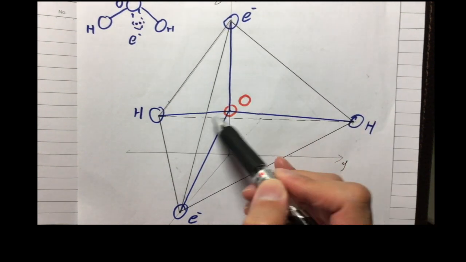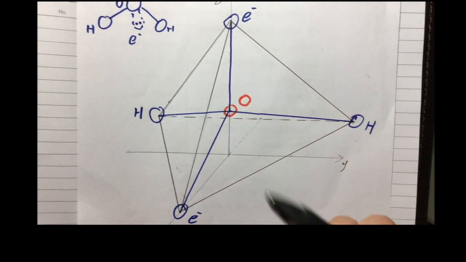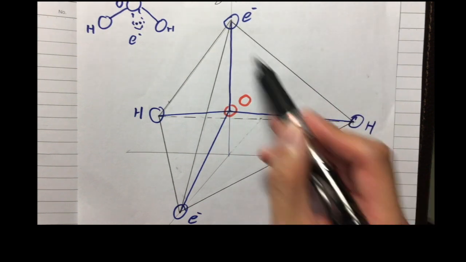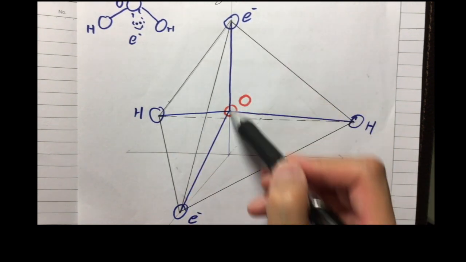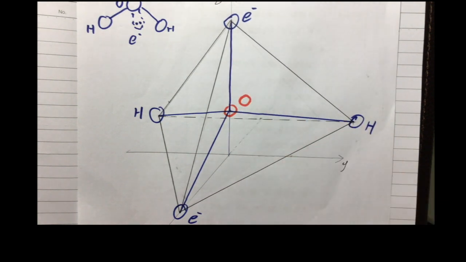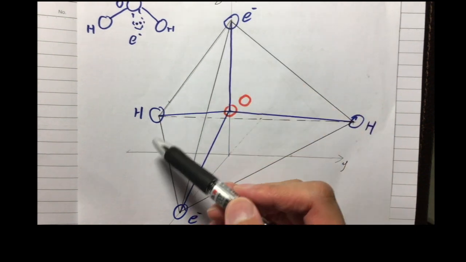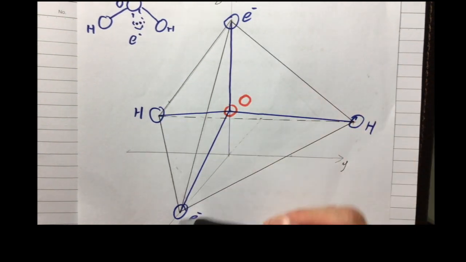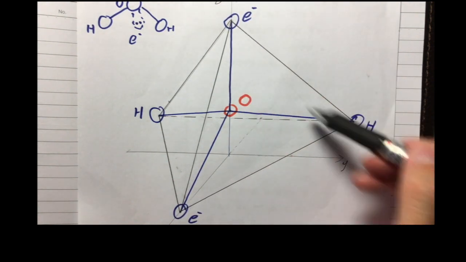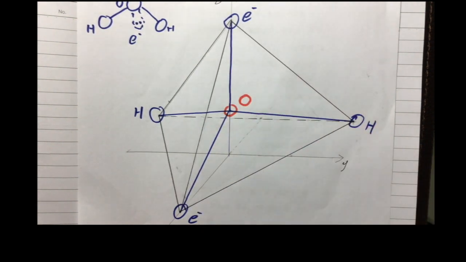Thereafter, with all four bond angles the same, we can determine that these three triangles are equilateral, right? So outside this length, all six lengths will be the same. So this is an equilateral triangle, and an equilateral triangle as well, right?